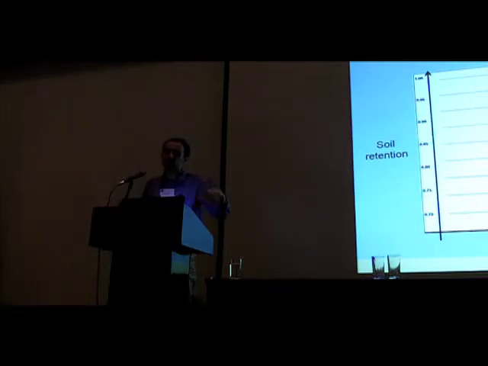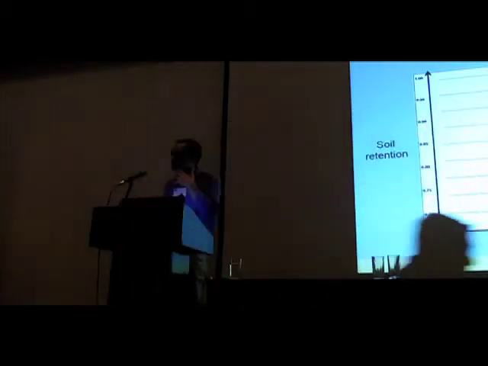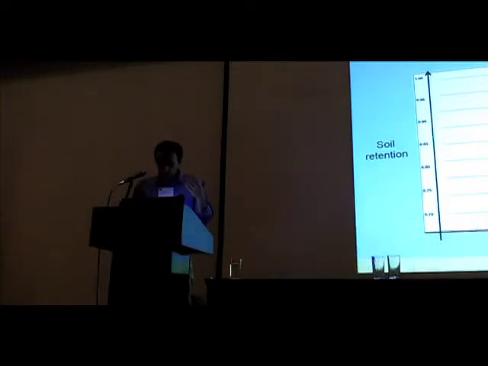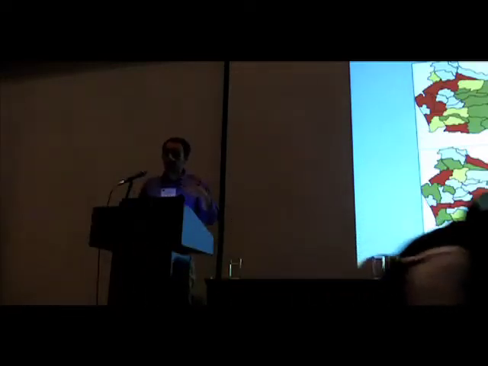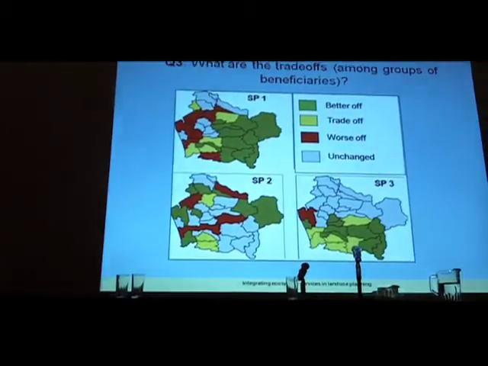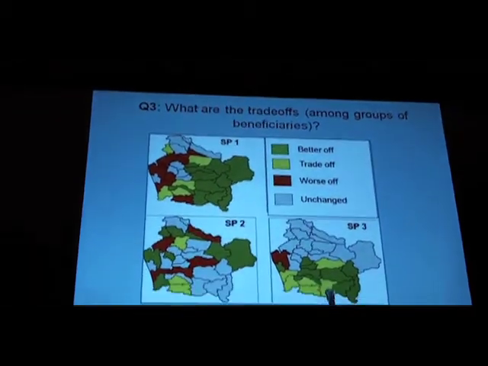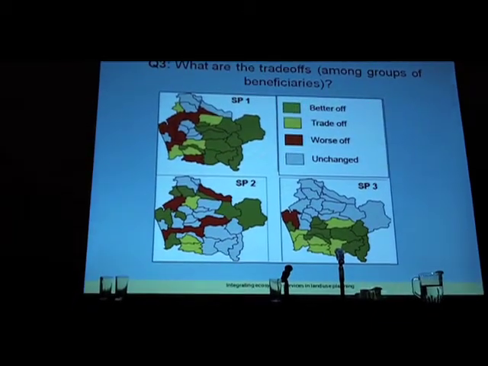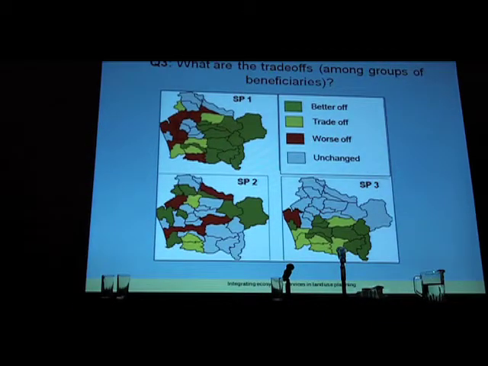It's important, of course, to take that step further and look at trade-offs among different groups of beneficiaries. This slide shows an example of the analysis that was performed that basically broke down the results at municipal scale to highlight situations of municipalities that are likely to be better off in the future, because they will enjoy an increase in some services without any side effects, so to say, compared to municipalities, the yellow ones, that will gain something but lose something else.